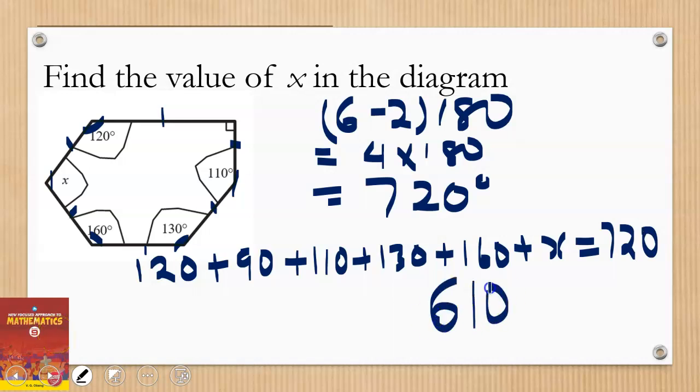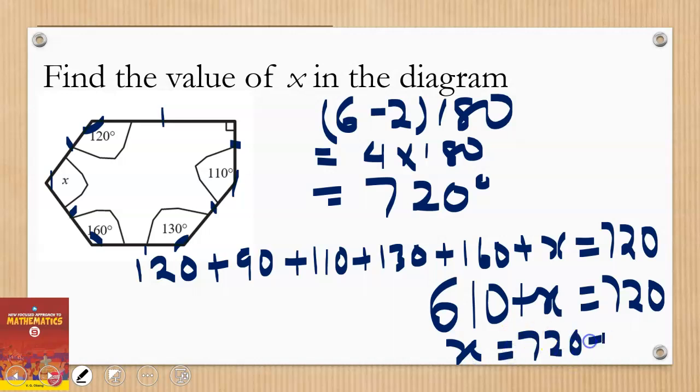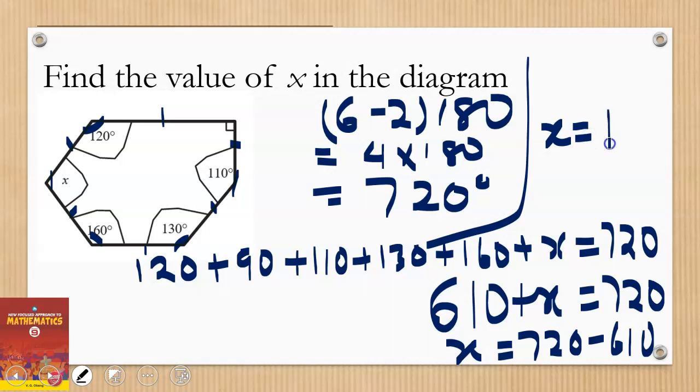So 610 plus x equals 720. Now if we make x the subject, we have 720 minus 610. When we do that subtraction, our answer comes as x equals 110 degrees. So the value of x here will be 110, so that it will complete the interior angles of this polygon.